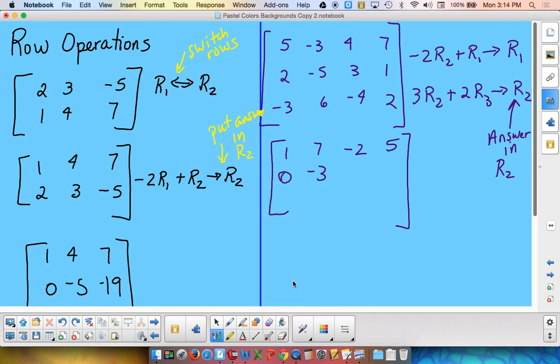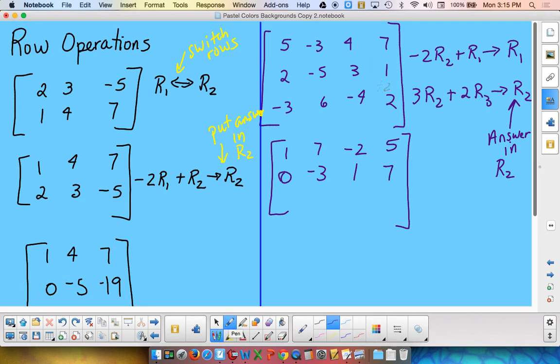Do it again. 3 times row 2 plus 2 times row 3. 9 plus -8 is going to give me a 1. And then last but not least, do it a third time. Take 3 times row 2 and add it to 2 times row 3. That's going to be 3 plus 4, which is going to give me 7.